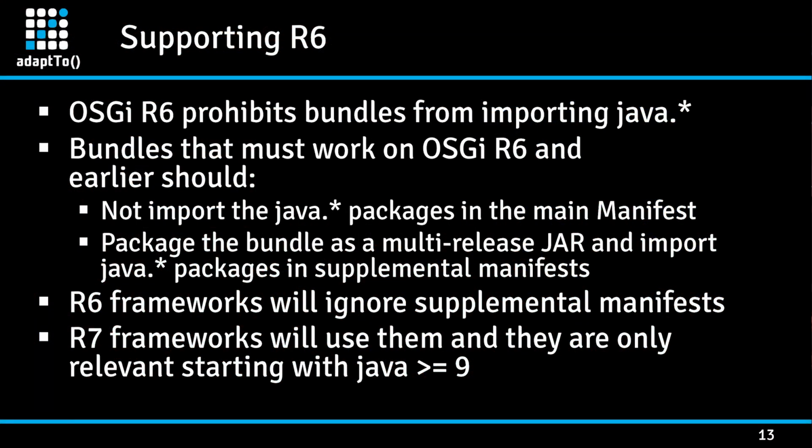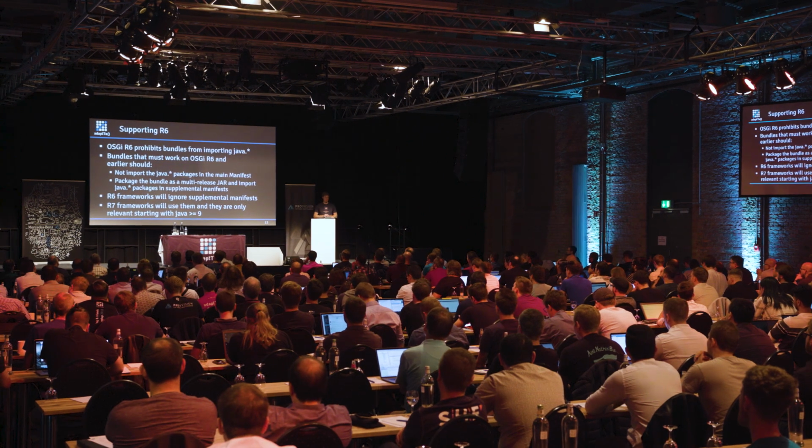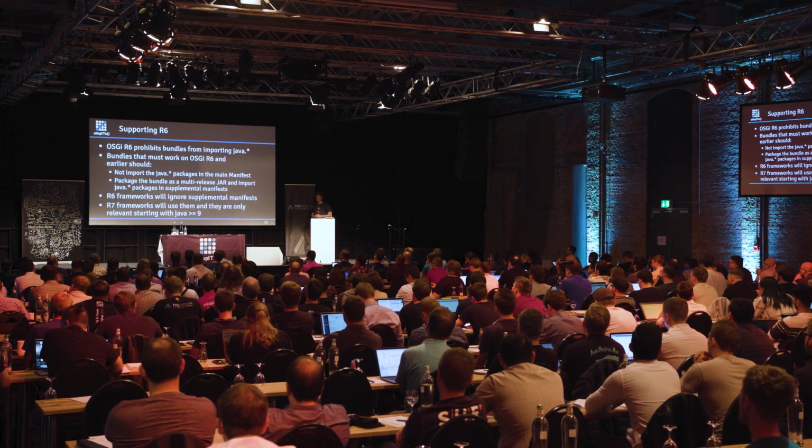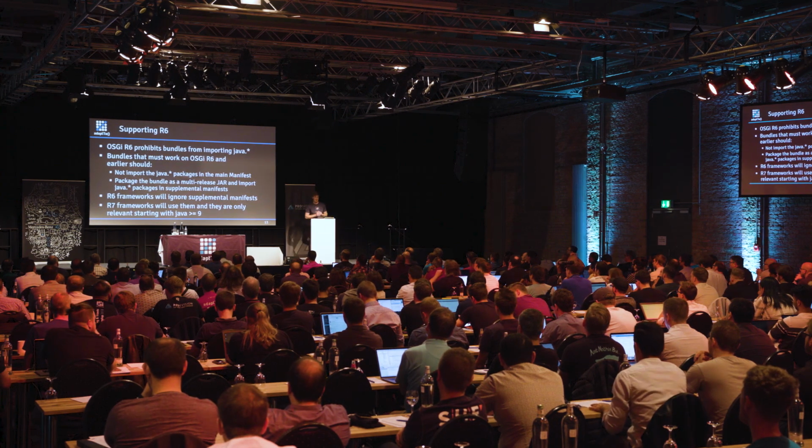This is actually the way to do that, because in R6 it wasn't allowed to import java.* packages. So if you have a bundle that is supposed to work on R7 and R6, which is going to be the case for a while, because out there, for example, all releases are still on R6 for now, you couldn't install it.